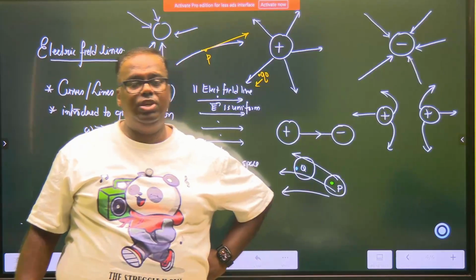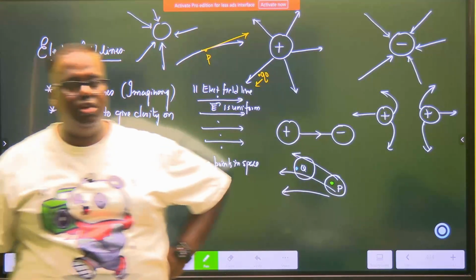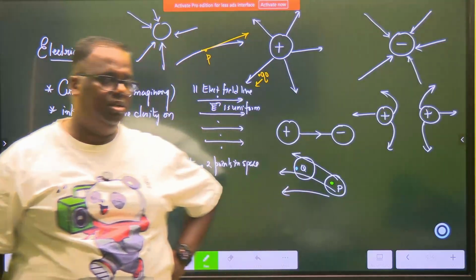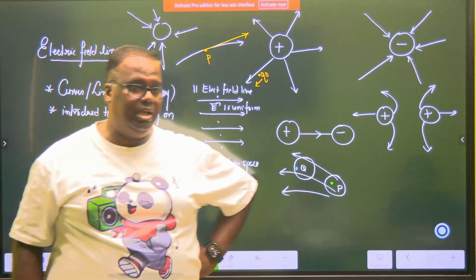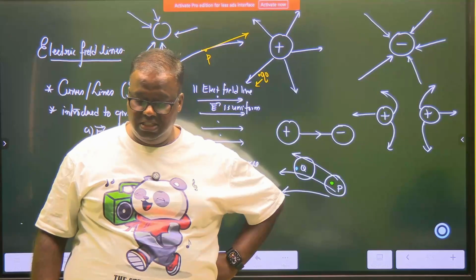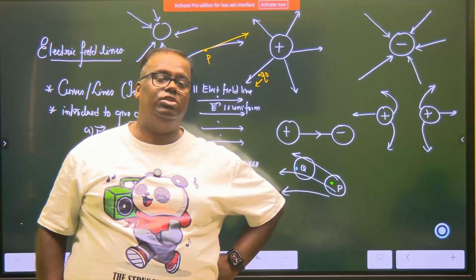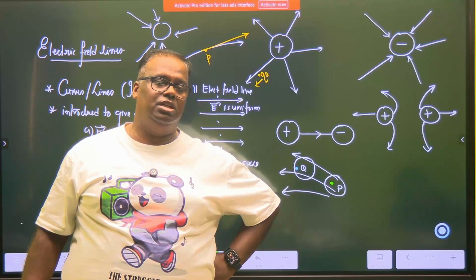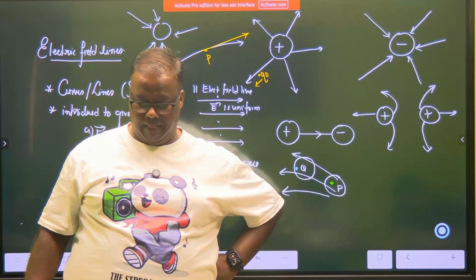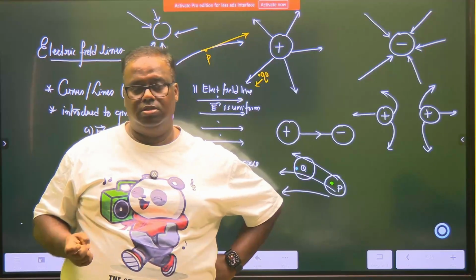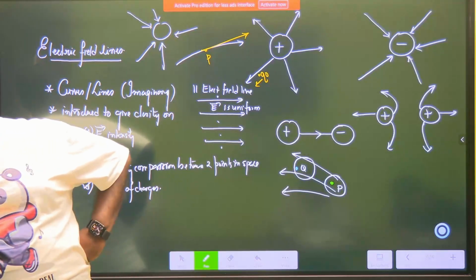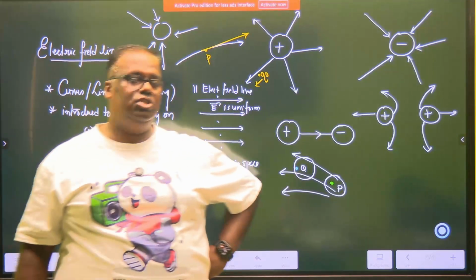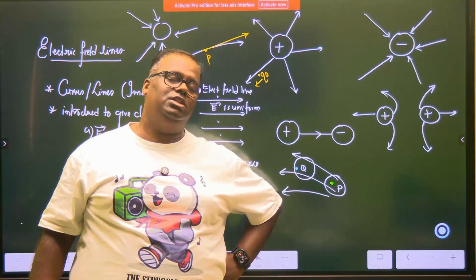Our next point. In a charge-free region, a region which does not have any charge, electric field lines can be taken as continuous curves without any breaks. That means there is a charge, and from the charge you are moving to a point, and between that point and the charge there are no other charges.